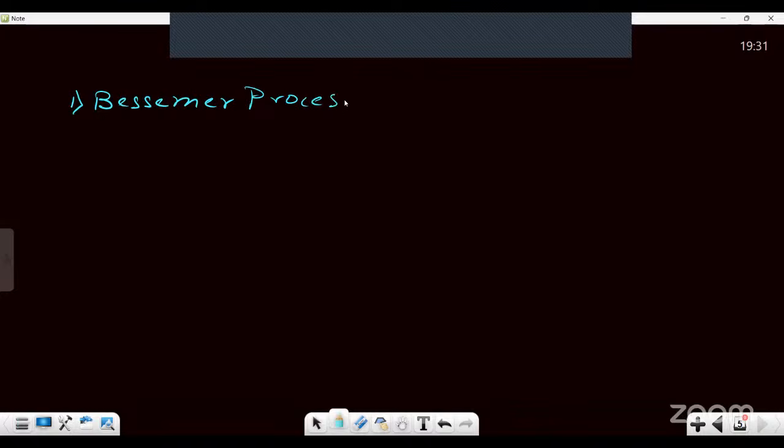So if I talk about the Bessemer process, you see what happened in the Bessemer process. Suppose this is my converter. Converter means where I am putting the hot metal for the oxidation. Okay, so this is the converter.